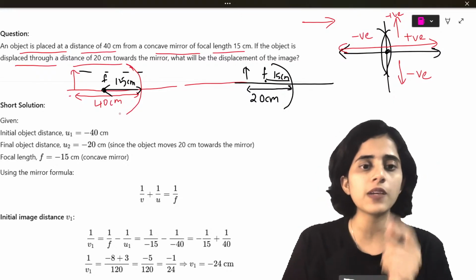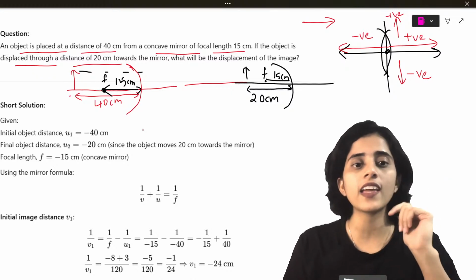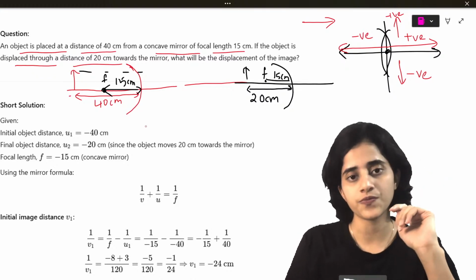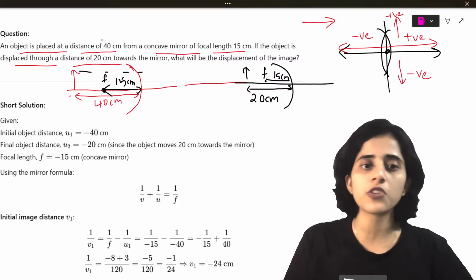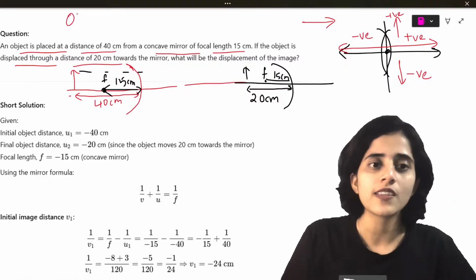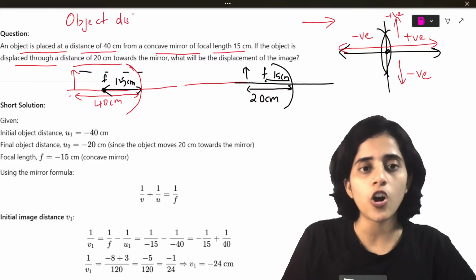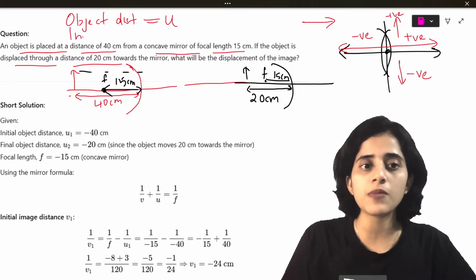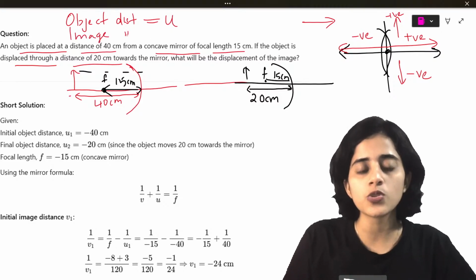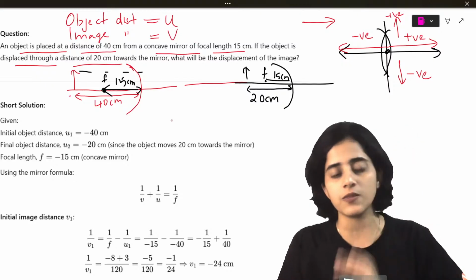Now, quickly tell me, will my object distance and focal length be positive or negative? There's one more thing you need to know. The distance between the center of the mirror to object is called object distance. It's represented by U. Distance from image to the lens or mirror is called image distance. It's represented by V.